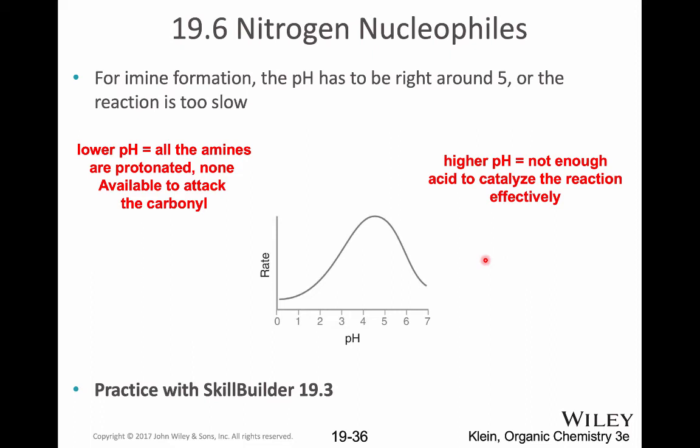You can't be too acidic, because then all your amines will be protonated, form ammonium salts, and not be nucleophilic. And if you're too basic, you're not going to have enough H+ to protonate those intermediates and make the mechanism happen. So it turns out that you need to be at a pH close to 5 for these types of imine formations to happen.